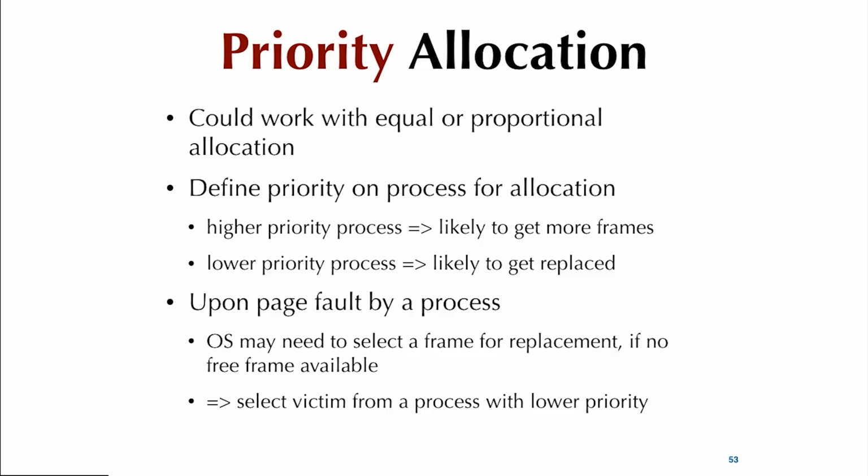So upon a page fault, the OS would look, based on the priority of these processes, at where to look for frames to replace. So if a process has lower priority, it's likely to be a source of more victims for picking the frames to fill the page fault for another process.